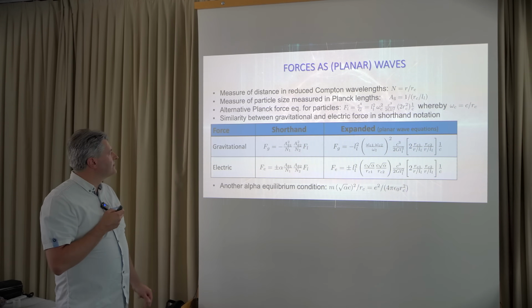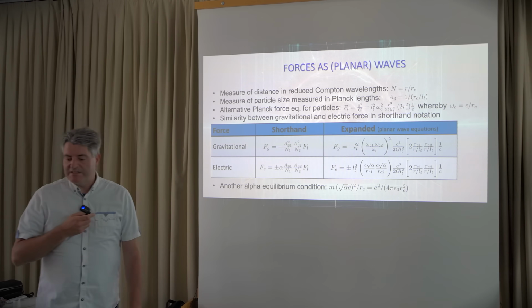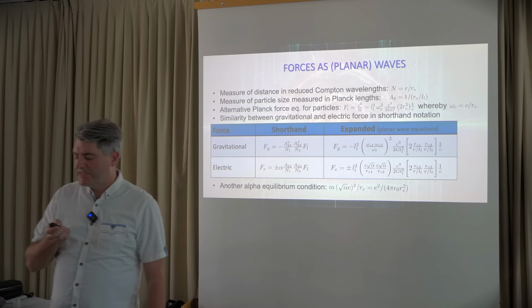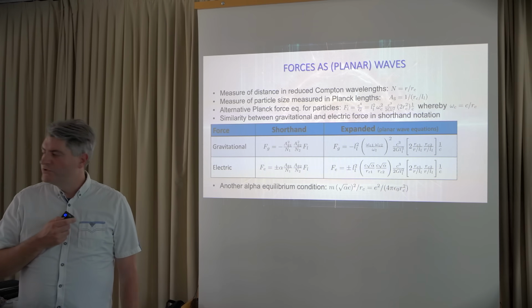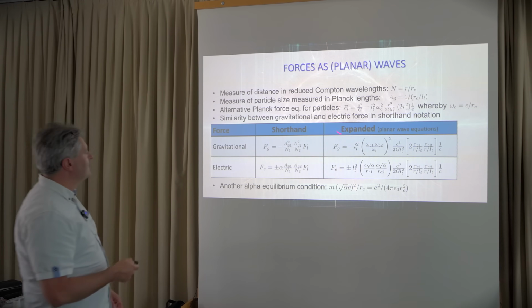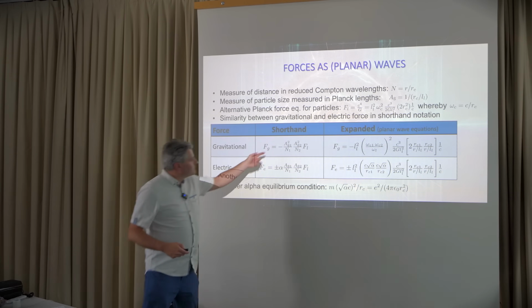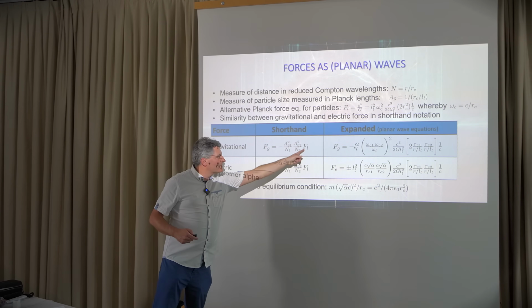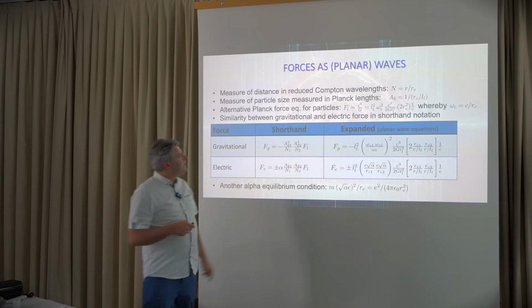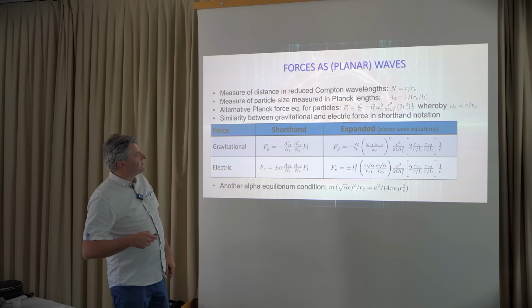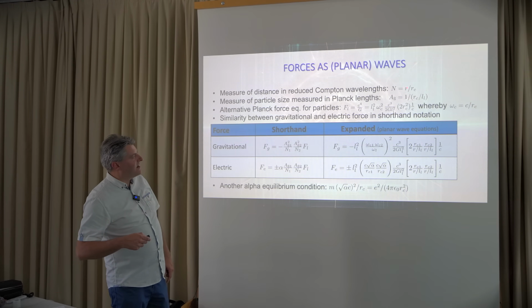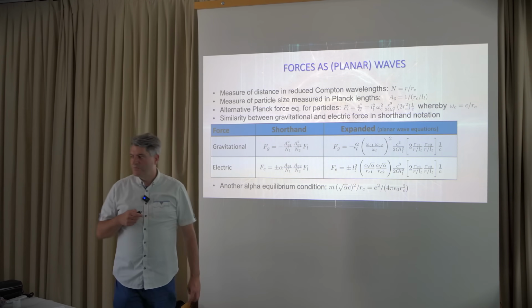There is a very interesting shorthand notation for writing the electric and gravitational force that was introduced by John A. Macken. I just have to explain what these terms mean. This is the Planck force, and A simply quantifies the Compton radius of a particle in terms of the Planck length, and M simply quantifies a distance r in terms of the Compton wavelengths.